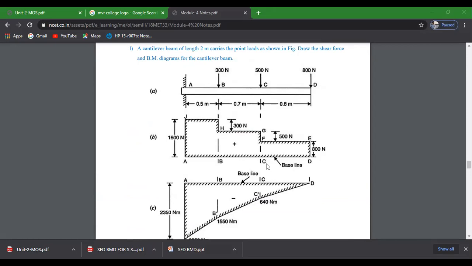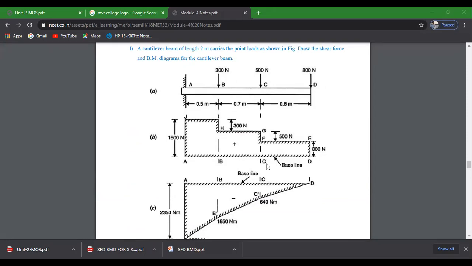The first one is the magnitude of force, and the second one is the magnitude of displacement. It may be distance or displacement. The product of force and perpendicular distance we call a moment. Without any displacement, we don't have any moments.